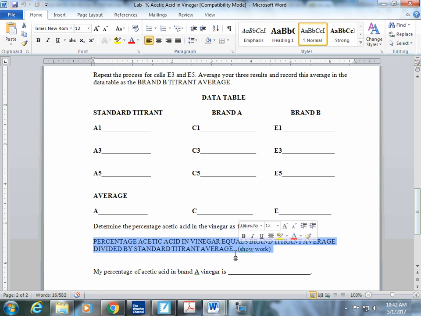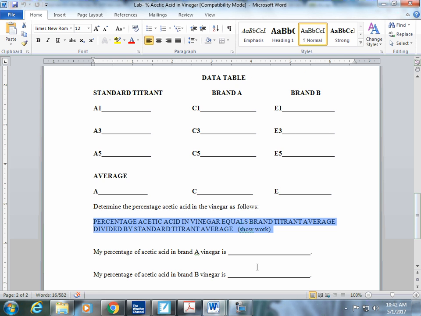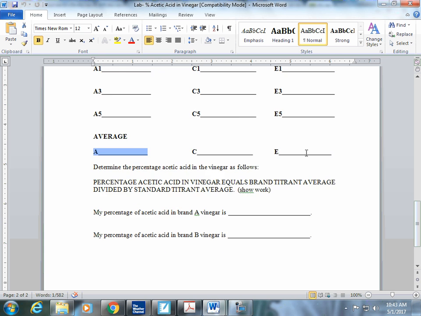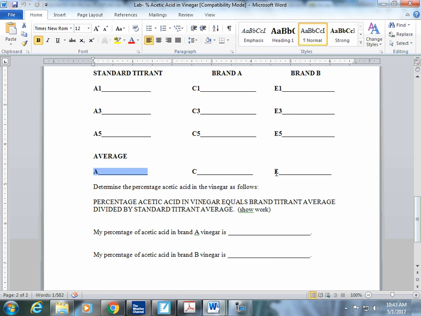So for brand A, you're going to take this value here that you got for the average of brand A, and then divide that by the average of the standard titrant. Remember that titrant was 1, so that would give you a number here. And then for the final one, you're going to use brand B. So you'll take E here divided by A here to give you this answer.